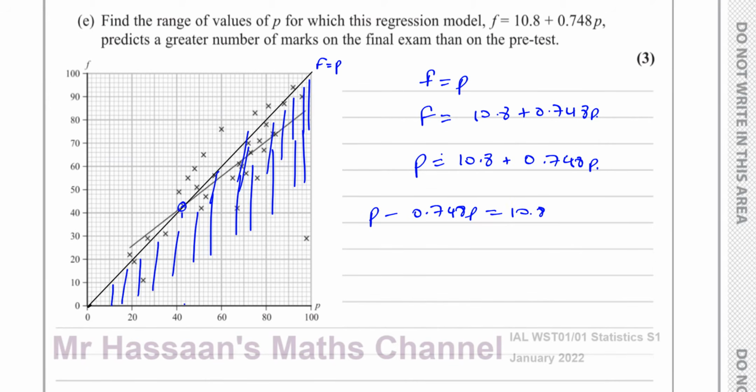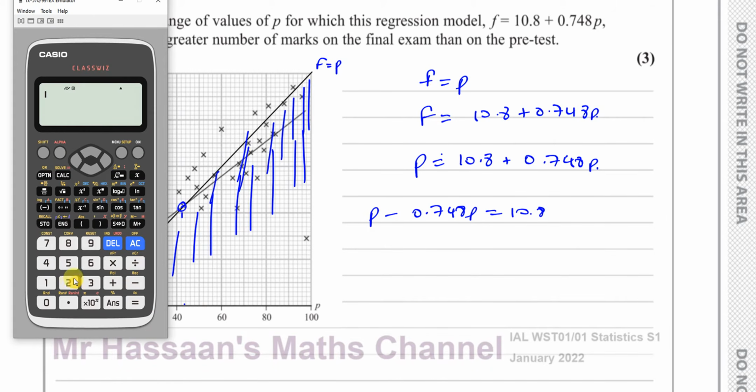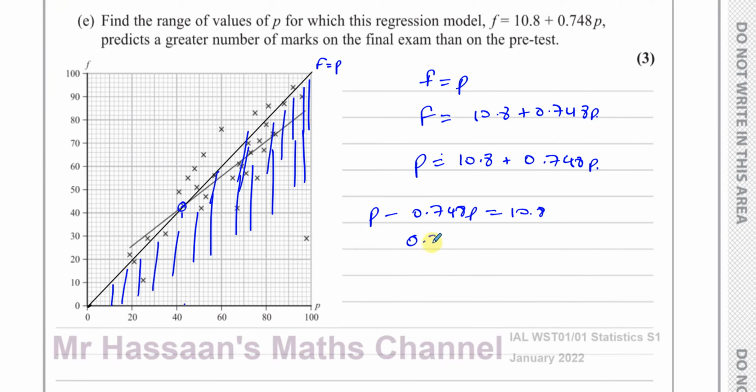So if I do P minus 0.748 P equals 10.8, I'm going to subtract these. So I'll have 1 minus 0.748. That gives us 63 over 250, which is 0.252. 0.252 P equals 10.8. So P is equal to 10.8 divided by 0.252.